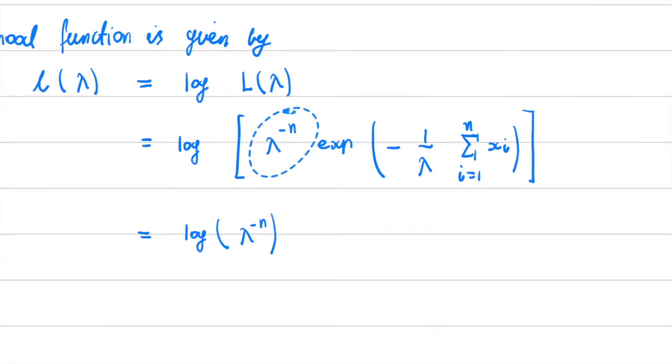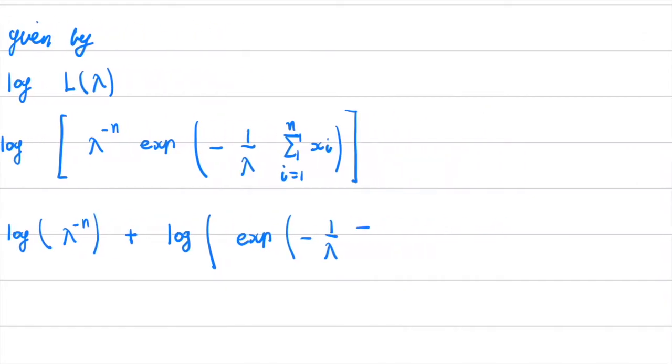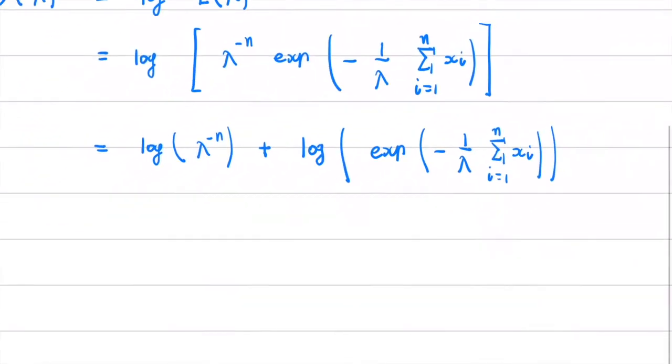So we've got lambda to the negative n and an exponential here. So that's the sum of log lambda to the negative n plus log of this exponential term inside, i equals 1 to n xi here.